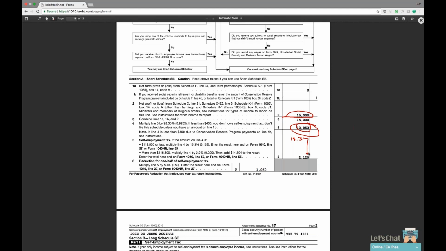As a self-employee, you are required to pay 15.3% of your income. So it doesn't matter what your income is, that 15.3% is going to get calculated. I'm going to give you an example here.